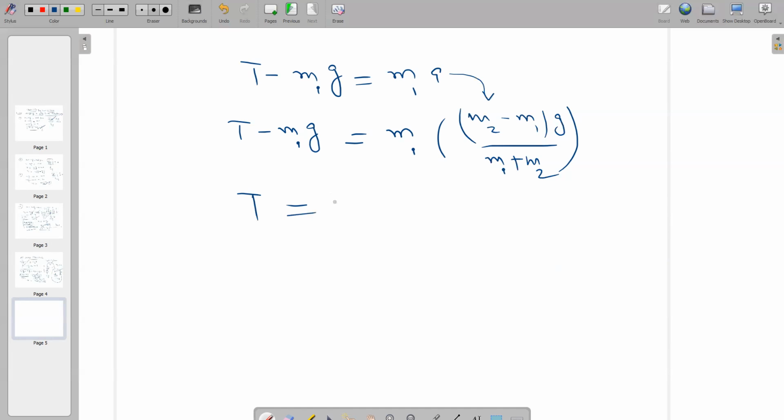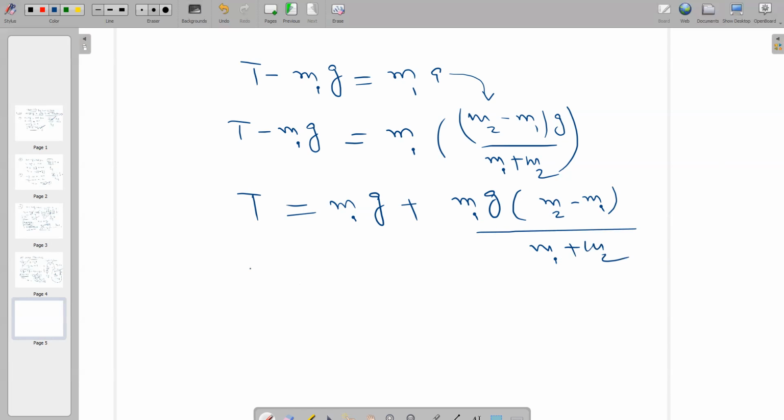So T is equal to M1G plus M1 multiplied by G into M2 minus M1 divided by M1 plus M2. Here you can see M1G is common. So you can take the common factor, 1 plus M2 minus M1 over M1 plus M2, and write it like this.